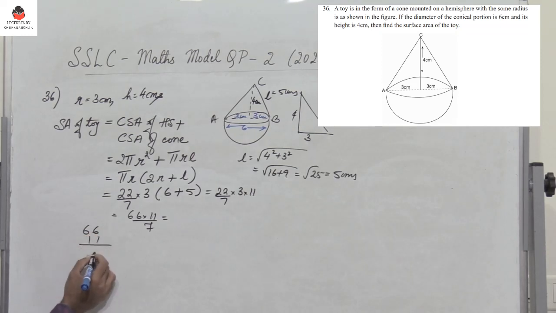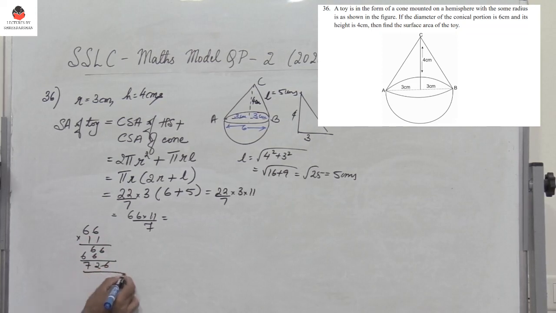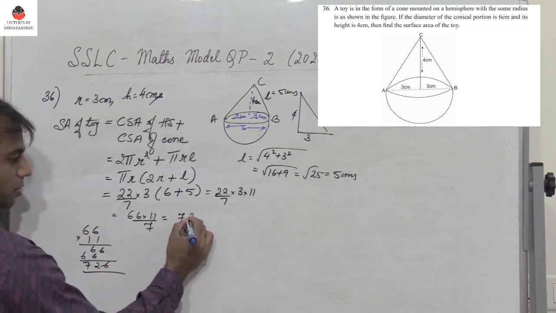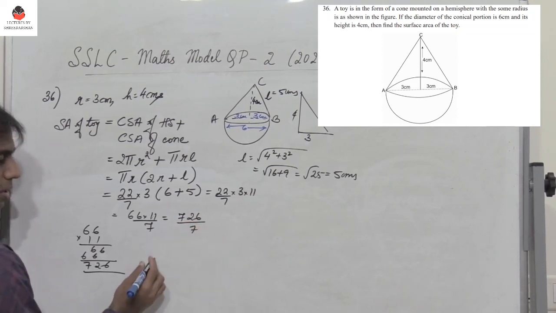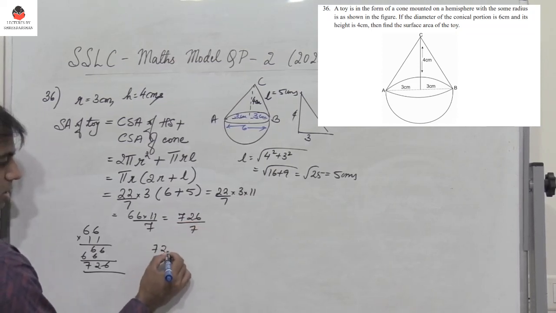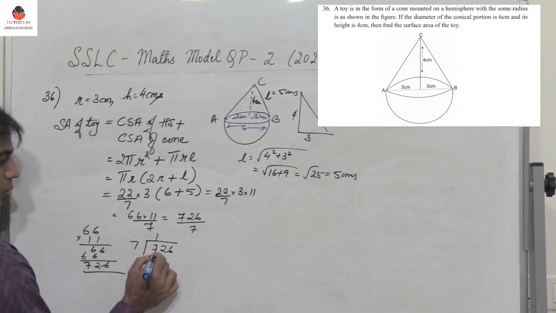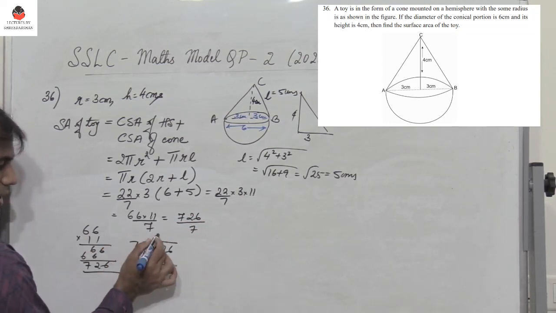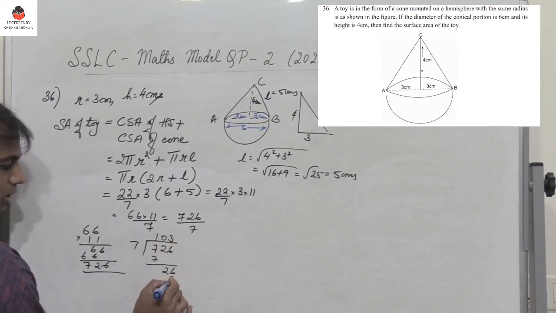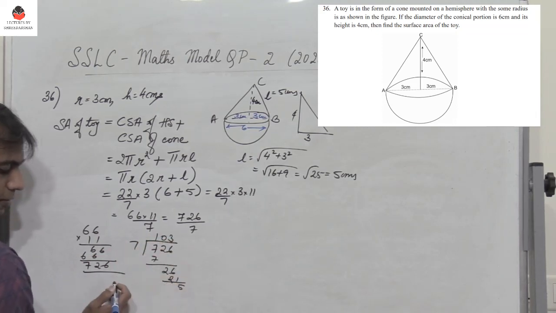So 66 into 11, I get 66, then 66, so we have 726. So you have 726 divided by 7. So let me divide. 726 divided by 7, ones are 7. So you have 2, 6. So I have 0, 3, 21, then I have 5.